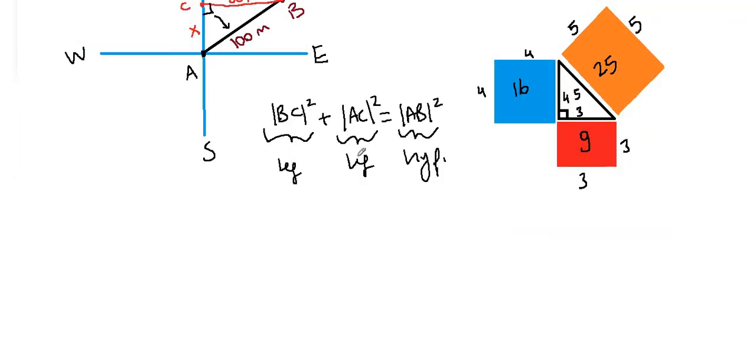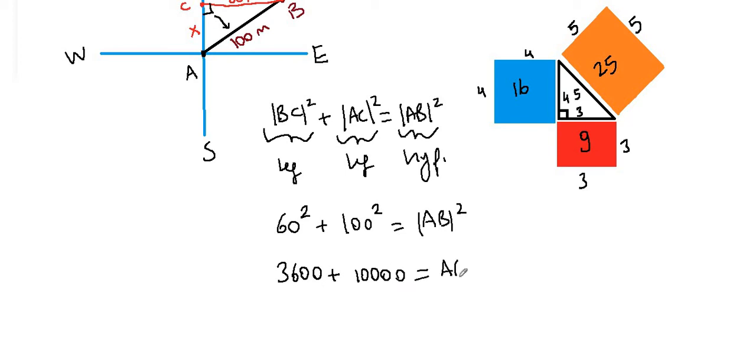Now we're going to plug in the numbers. Side BC is 60, side AC is 100, and AB is unknown. So 60 squared is 3600. 100 squared is 10,000. And AB squared is unknown. If we add them up, we obtain 13,600.